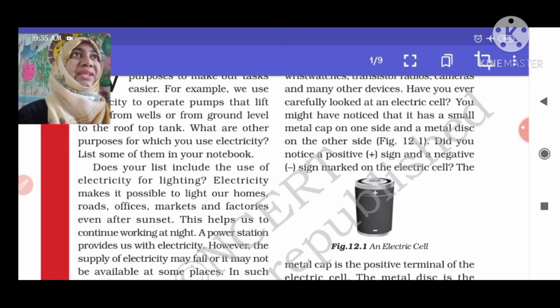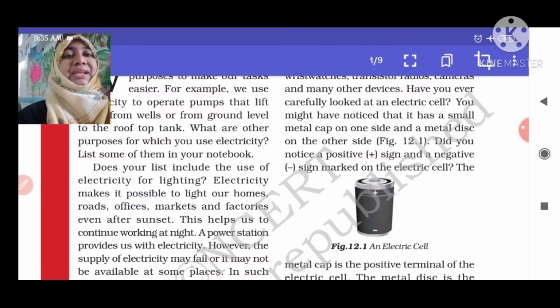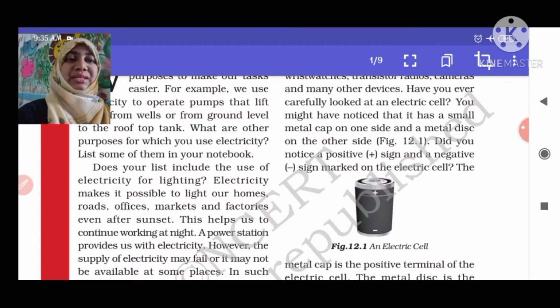If there is no cylinder or some problem is caused, then they use electrical ovens or electrical stoves to cook the food. So it is used for cooking, and most of all for charging the phone. Each and every aspect of what we do today, in one way or the other, is related to electricity itself. Does your list include the use of electricity for lighting?